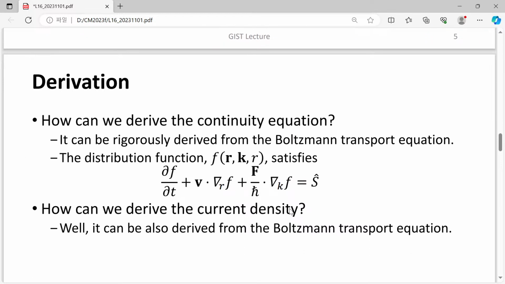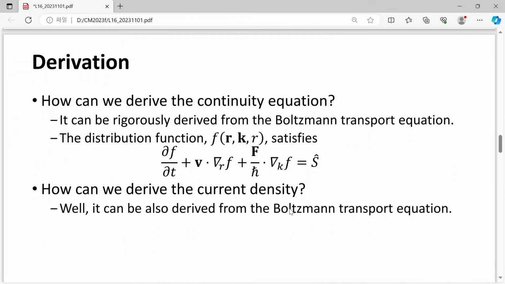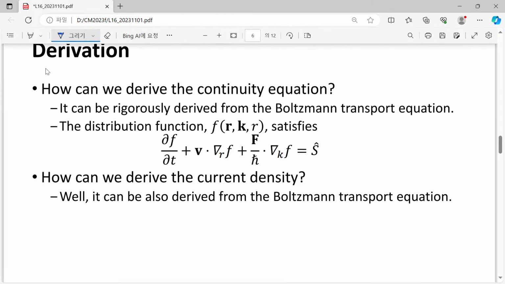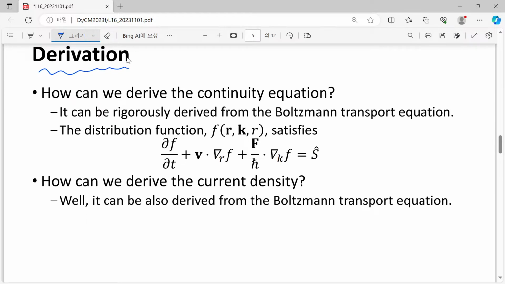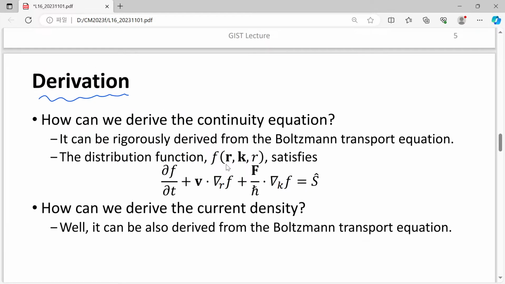Then before talking about the implementation of this kind of expression, I wanted to shortly talk about the derivation of the continuity equation and the form for current density. The first question is, how can you derive the continuity equation? Although we feel the continuity equation is seemingly quite acceptable, this is just a feeling.